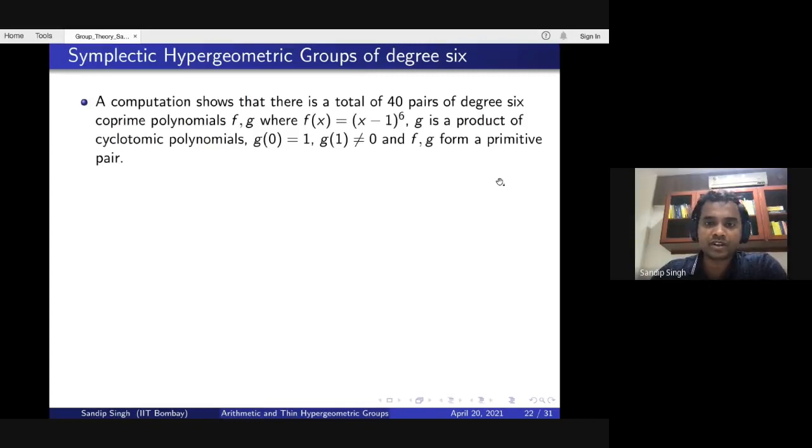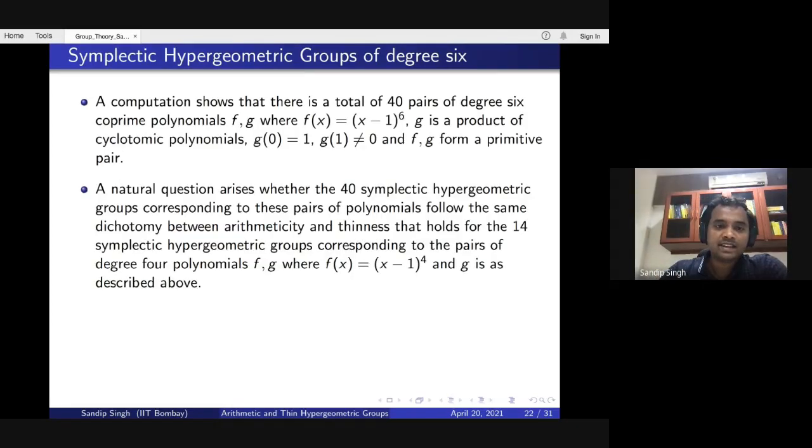And the same Beukers and Heckman conditions hold, where f is fixed to be (x-1)^6. Then a natural question arises: whether the 40 symplectic hypergeometric groups corresponding to these pairs of polynomials follow the same dichotomy between arithmeticity and thinness that holds for the 14 symplectic hypergeometric groups corresponding to the pairs of degree 4 polynomials f, g, where f(x) is (x-1)^4 and g is as described above.